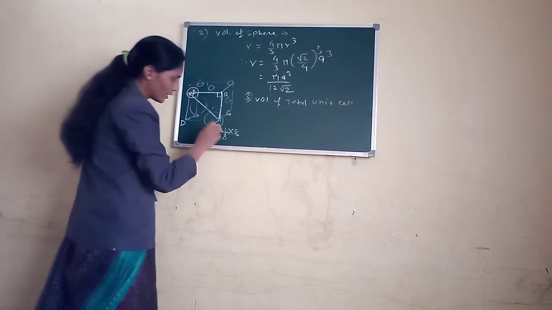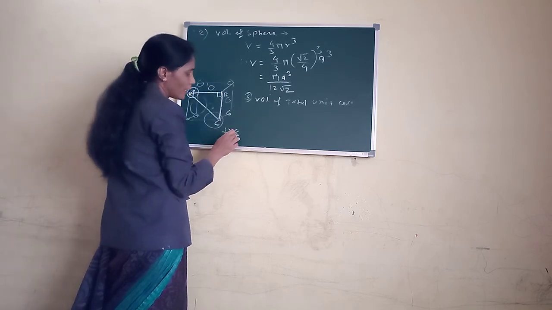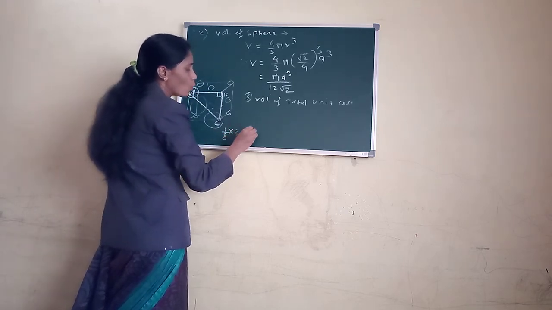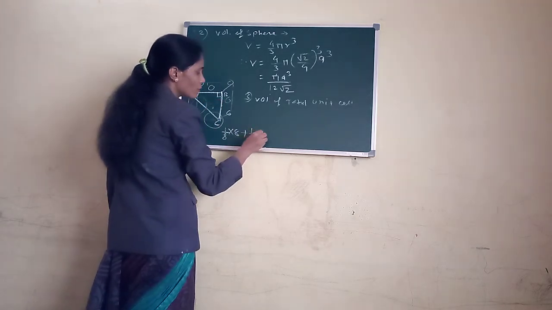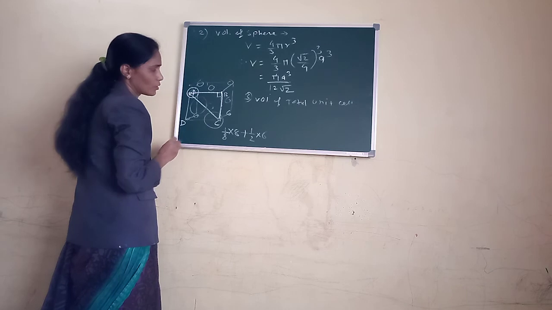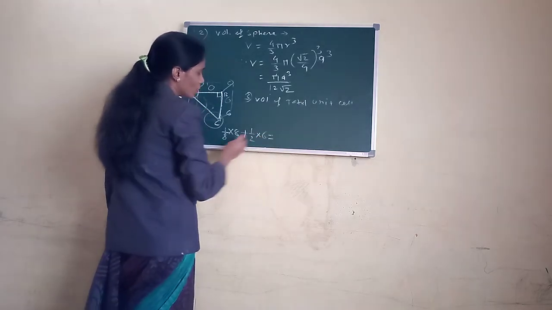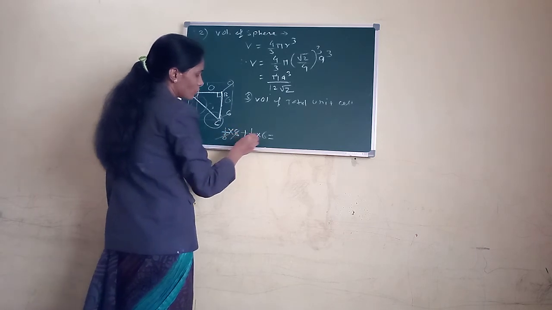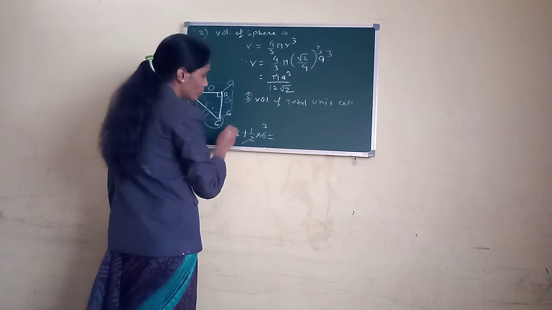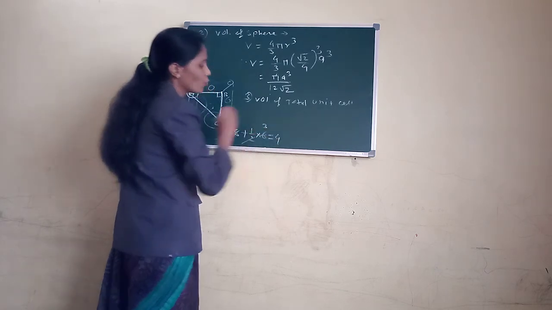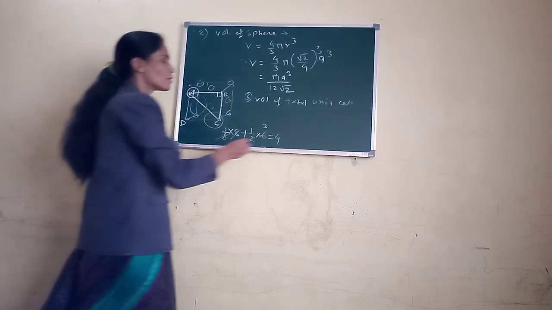So 1/8 times 8 corners plus 1/2 times 6 faces gives 1 plus 3, which is equal to 4. In FCC the number of particles is 4.